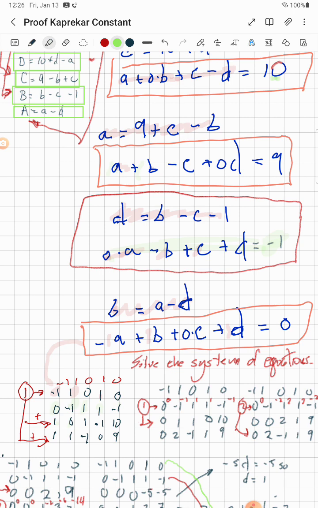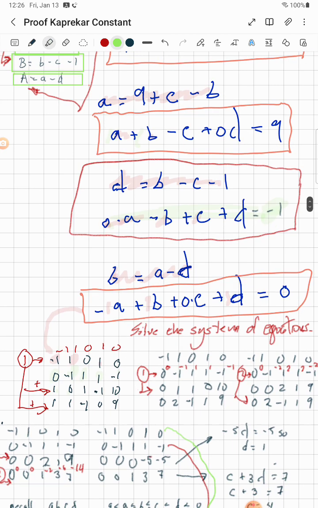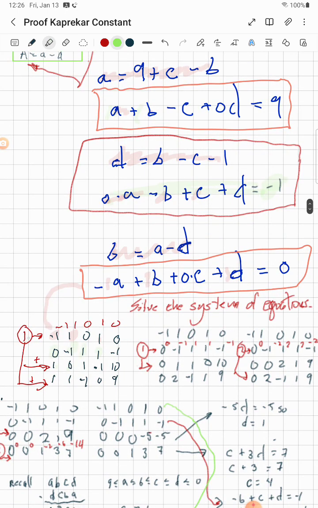So what I did in this first row is I multiplied the first row by 1. So I just rewrote it in red. And then I added it to the second, the third and fourth row. When I did that, the third row becomes 0, 1, 1, 0 right here, right? And that becomes that. And now I'm going to take the second row.